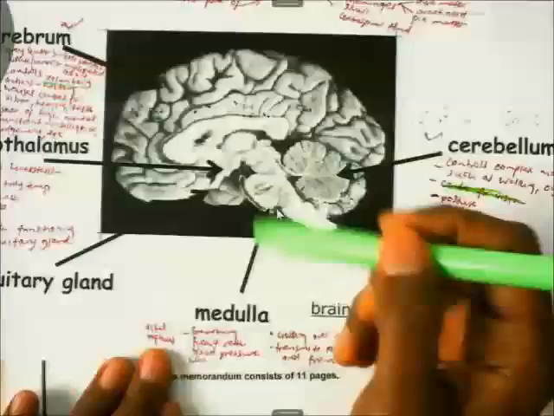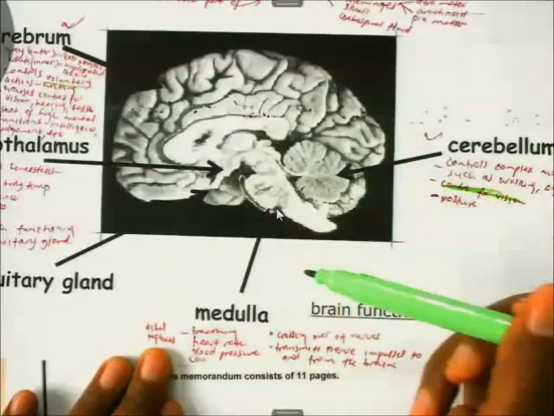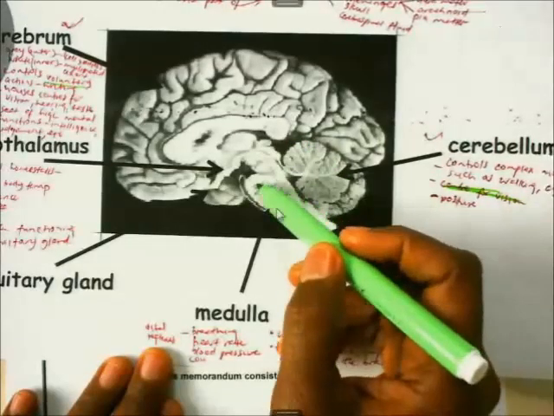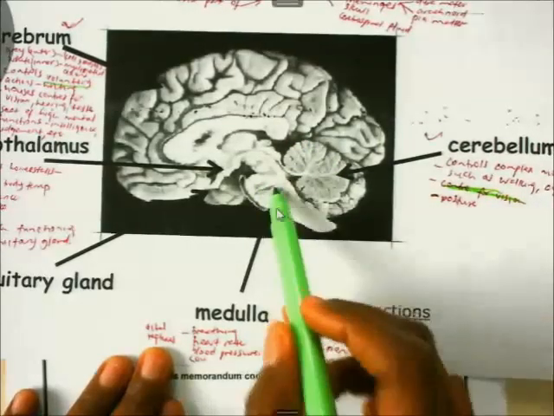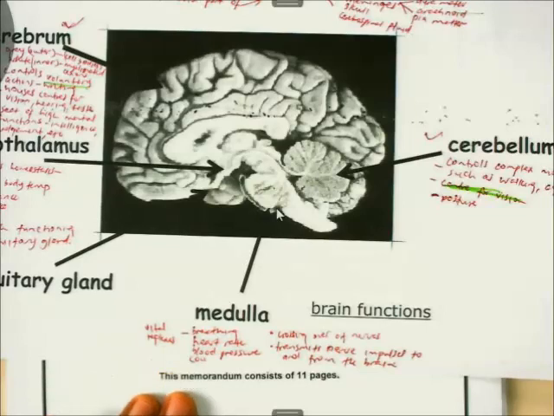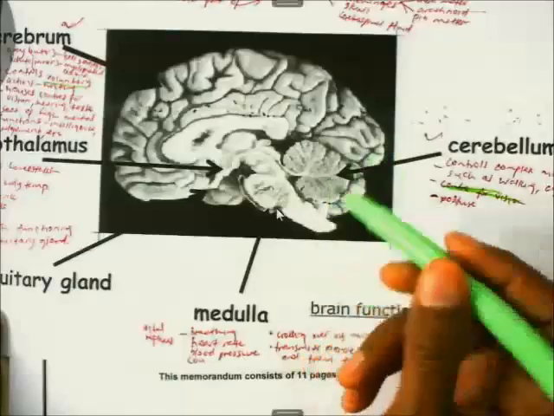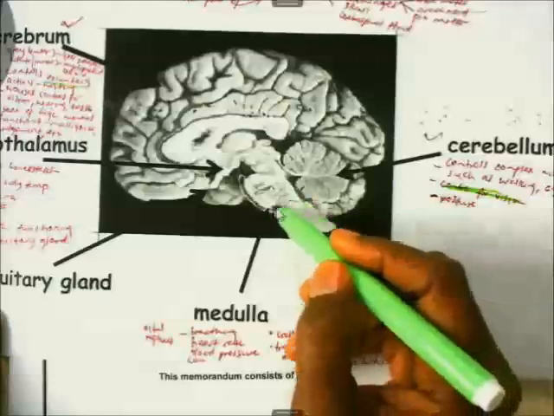Now, the other part of the brain is the medulla or the medulla oblongata. The medulla oblongata, it is this part.